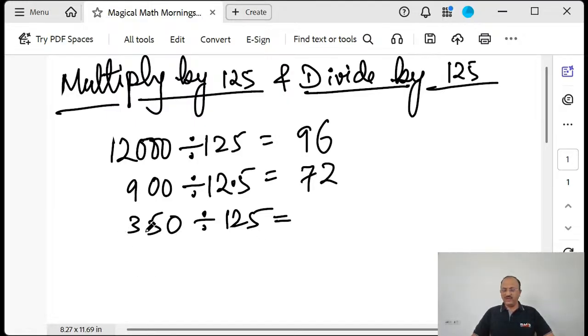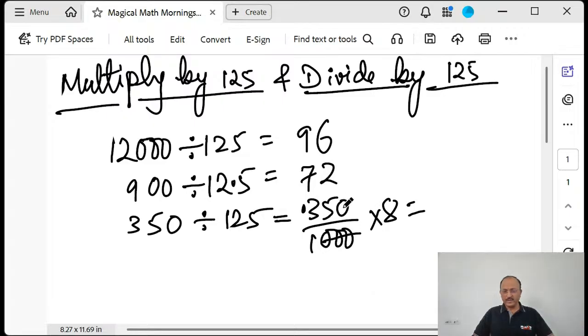It will become 0.35 into 8, which means double, double, double: 0.7, 1.4, 2.8. So we divide by 1,000 and multiply by 8. That's it. 3 zeros means it will become 0.35. Into 8 means double, double, double. Did you get this?